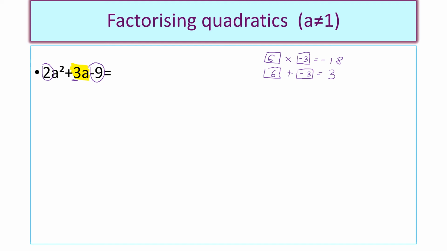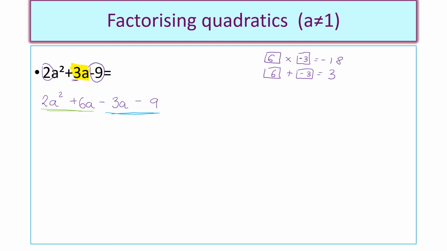So, 2a squared add 6a take away 3a take away 9. Now I'm going to factorize the first two terms and then the other two terms.